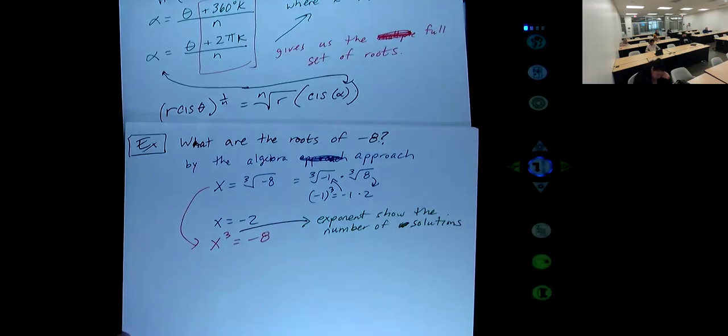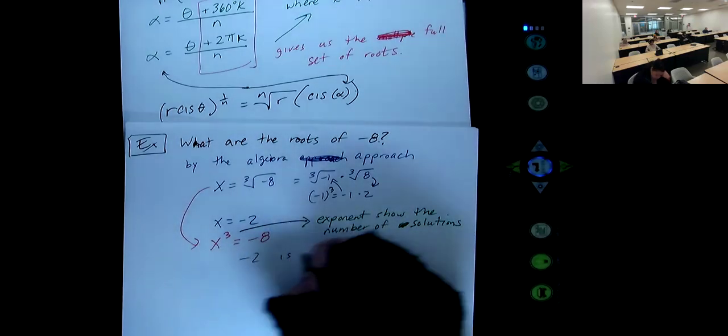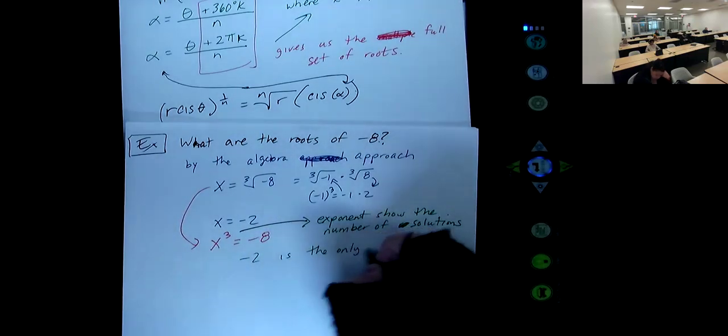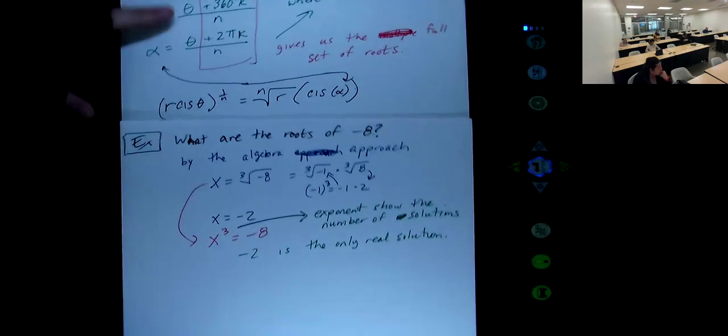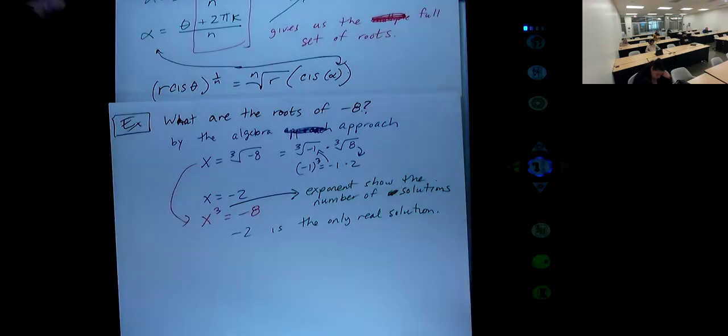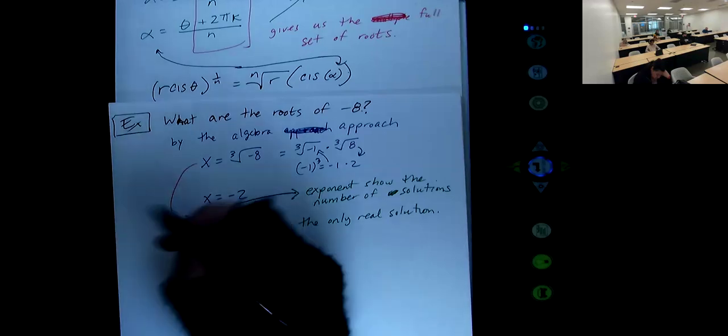There may be repetition in the solutions, but here it shows the number of solutions. So there should be 3 solutions. -2 is the only real solution. There are 2 complex ones. So let's find the 2 complex roots.